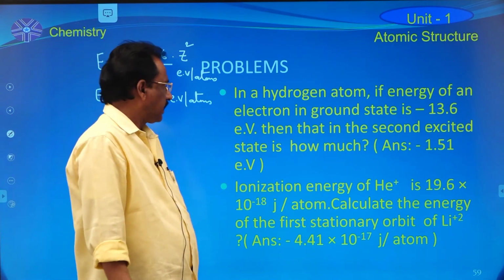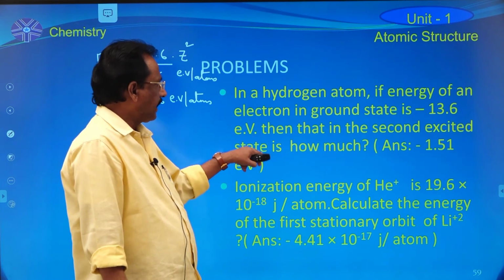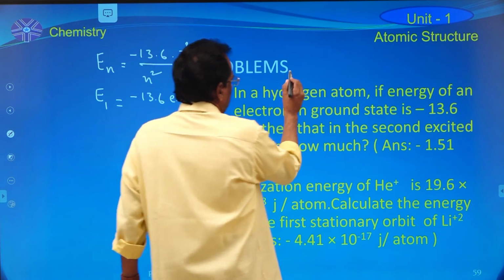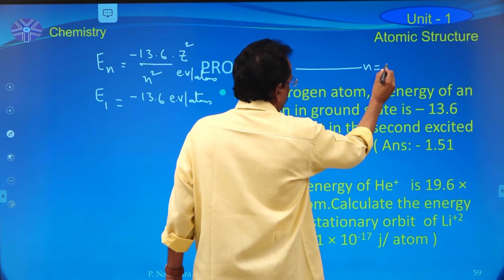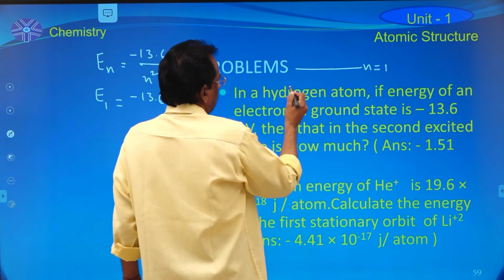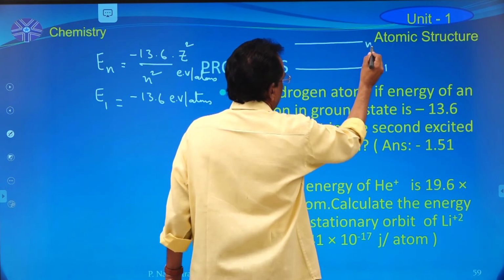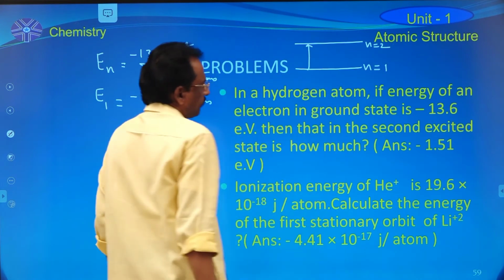So calculate the energy of the electron in its second excited state. If the electron present in the first orbit, n equal to 1, jumps into the second orbit, this is the meaning of the first excited state.